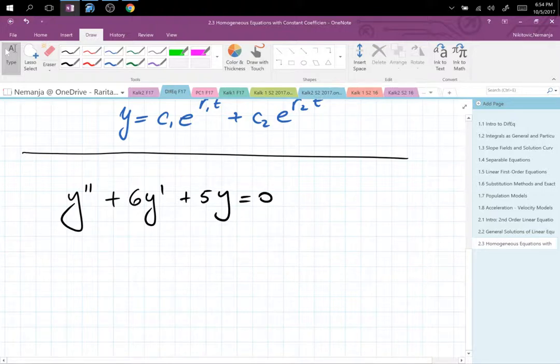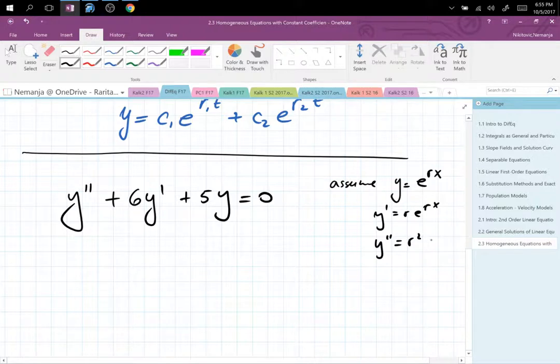Or you can do the whole procedure, which involves the part of the proof where you assume y equals e to the rx. So that means that y prime is r e to the rx, and y double prime is r squared e to the rx.